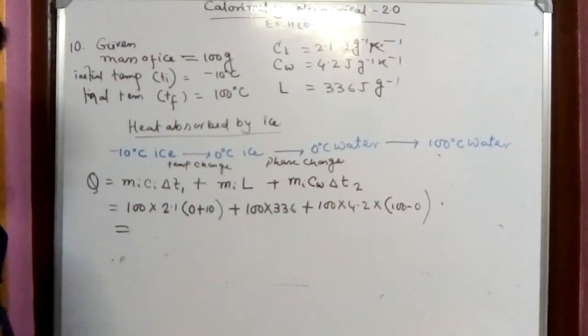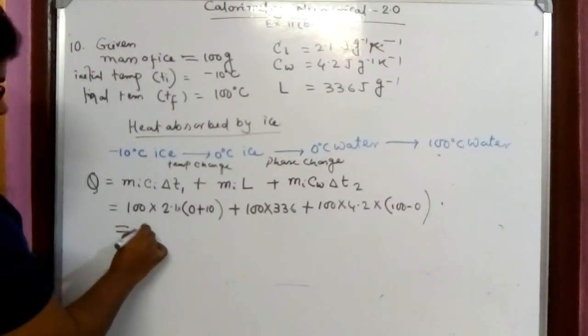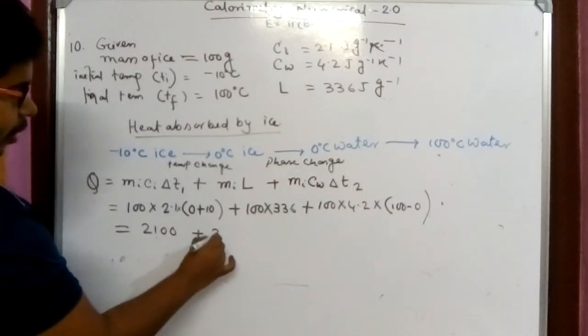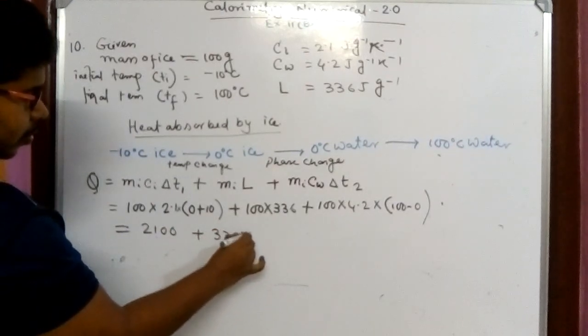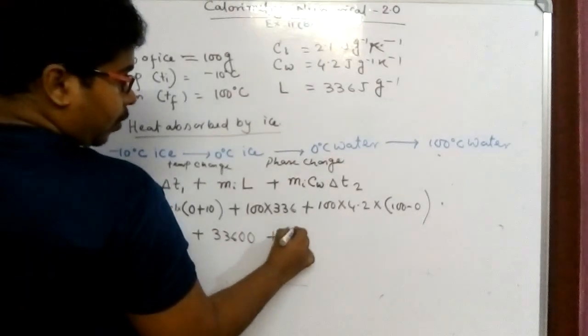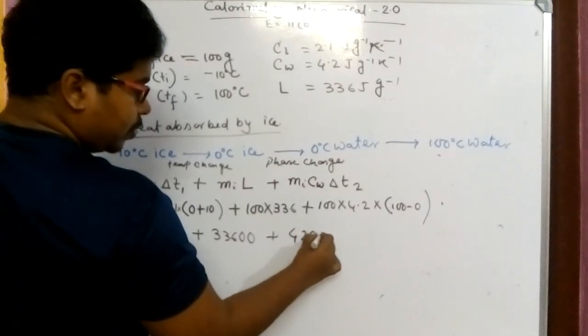Now let's see, 2.1 into 10, so 21, so 2100 plus 33600 plus 42000.